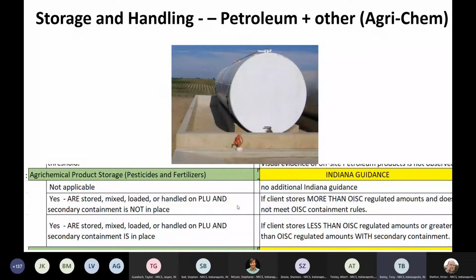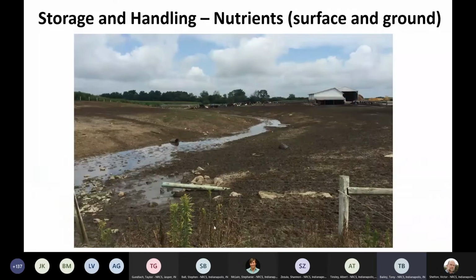We talked about those a little bit more, and in most cases we're just asking a question and making sure that if they need to have this, they have it. But when we start seeing these larger storage facilities there, it's pretty easy to spot those secondary containments. And hopefully those, if they aren't already in place, are being worked on.